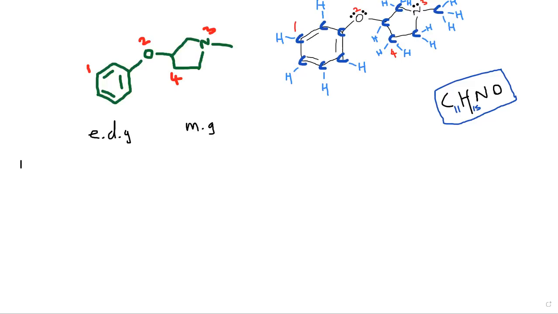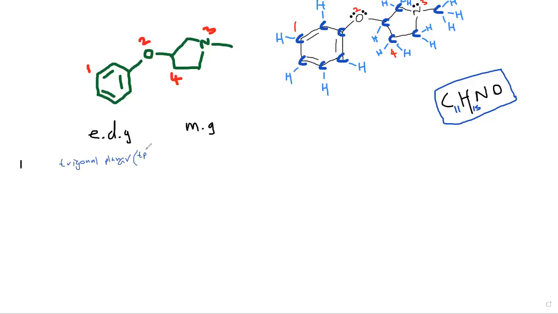So let me see if I can write trigonal planar here. Okay, trigonal plane. I'm going to put TP within parentheses here so that I never have to write this again.